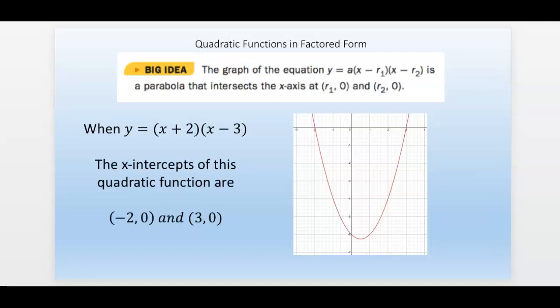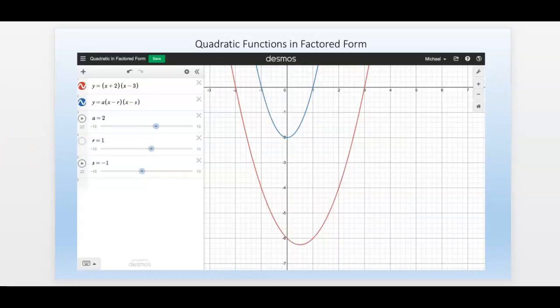Again, guys, that's kind of what this is saying here, the big idea. The x-intercepts of the quadratic function are easy to find when it's in factored form. Again, you can see it right here. I put it in decimal to show you. It crosses at negative 2, and it crosses at 3.